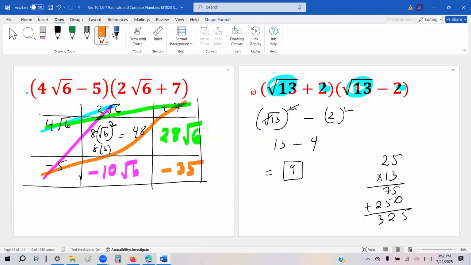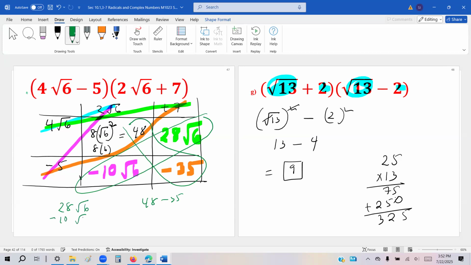Okay, and then you just combine like terms. These two are like terms, right? So 48 minus 35. And these two are like terms, so 28 root 6 minus 10 root 6. 48 minus 35 is 13, and 28 root 6 minus 10 root 6 is 18 root 6.